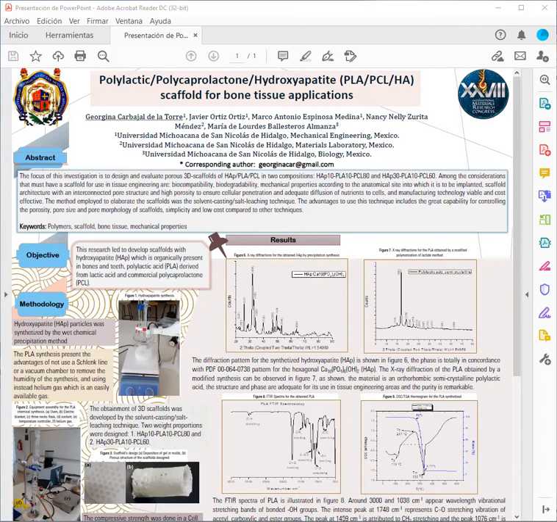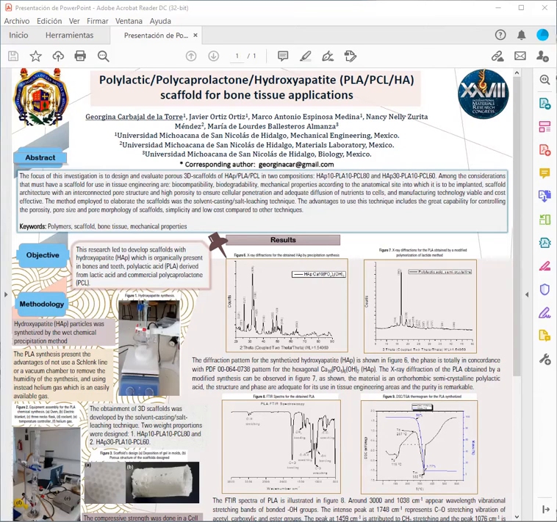The biomaterials must have specific requirements for working effectively in the recovery of damaged tissues, such as biodegradability, non-toxicity, and adequate mechanical resistance. In this investigation, the research led to the development of scaffolds with hydroxyapatite, which is organically present in bones and teeth, polylactic acid derived from lactic acid, and commercial polycaprolactone.